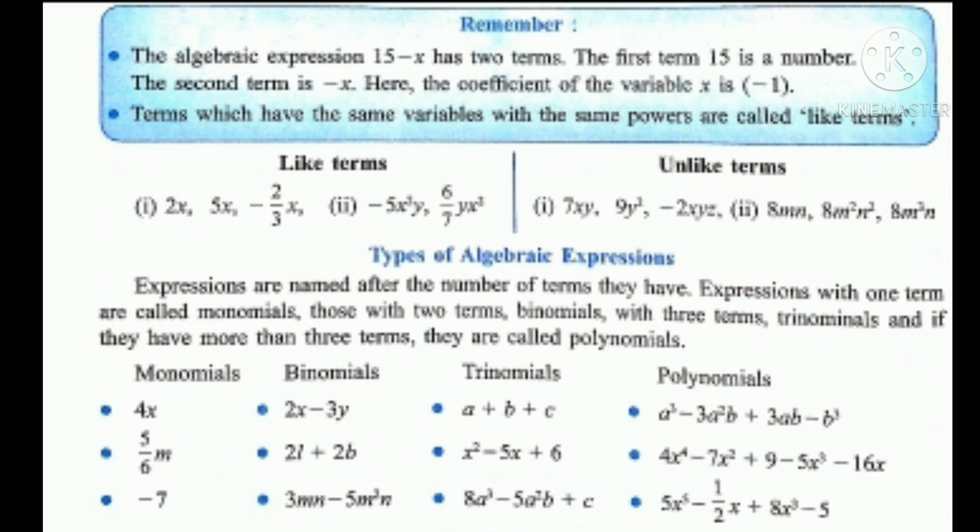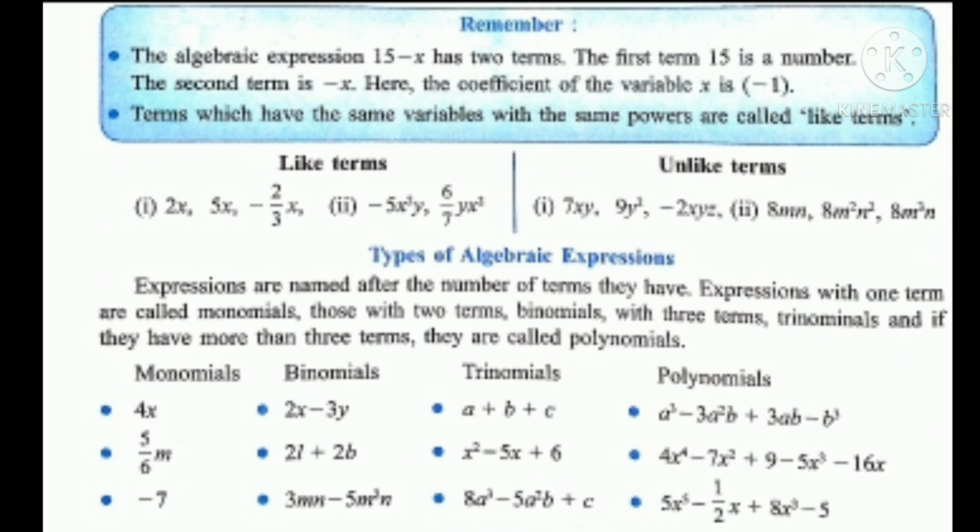Variable xy, and in the second term variable y has the power 3. Third term minus 2xyz. So the variables are not the same with the same powers. So they will be considered as unlike terms. If the variable with the same power is there, then they will be considered as like terms.